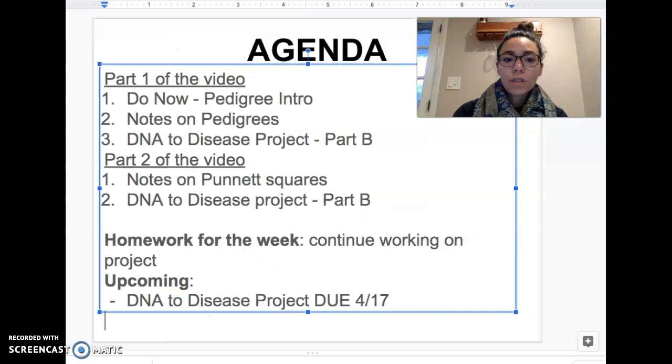So the agenda for this video: the first part, I'm going to walk you through making and reading pedigrees. Then you can take a break and work on the pedigree portion of part B of the project. And then the Punnett squares part is part 2 of the video, and you can use that to help you complete the Punnett square for your patient. Homework for the week is just to continue working on the project, so you'll have 2 weeks at home to work on this.